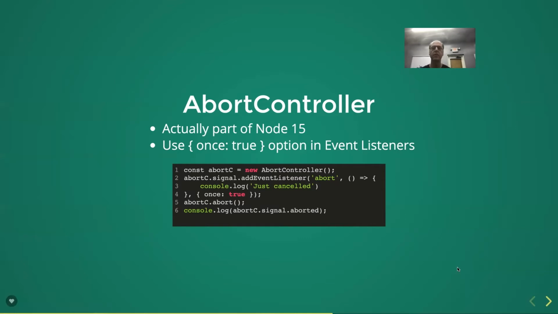So I'll listen for any time somebody wants to abort, and then you can call abort on that controller, and that will essentially let you cancel the promise.